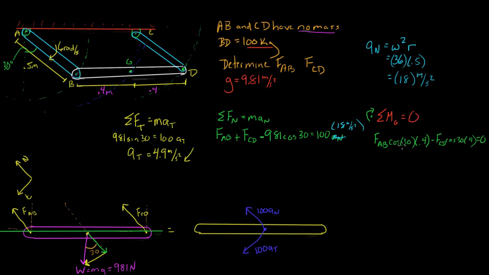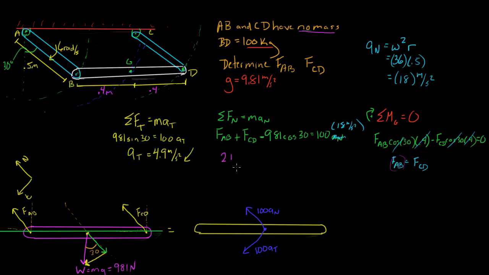Well, look at that. This cosine of 30 cancels out with this cosine of 30. This 0.4 cancels out with this 0.4. And we have our force in this bar AB is equal to the force in that bar CD. That's great.